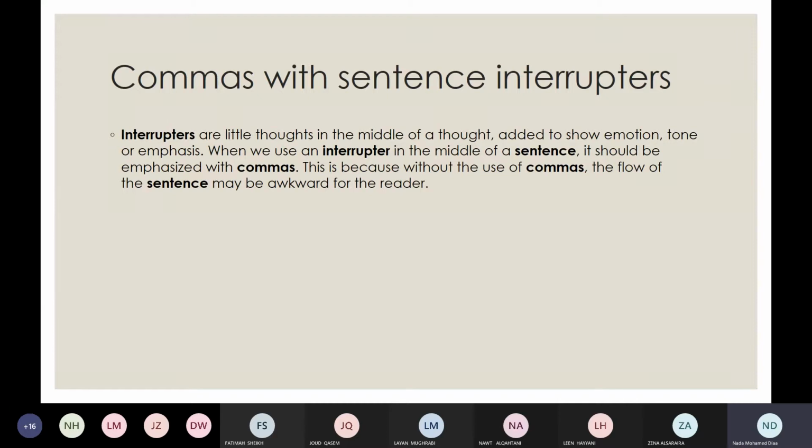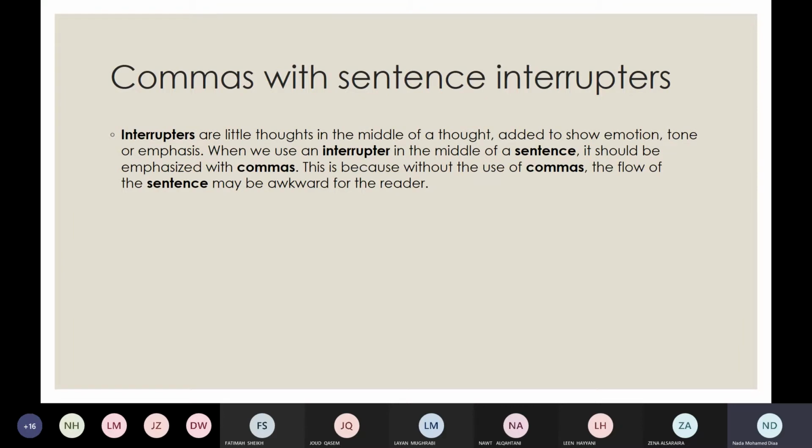Interrupters are little thoughts in the middle of a thought, added to show emotion, tone, or emphasis. When we use an interrupter in the middle of a sentence, it should be set off with commas. This is because without the use of commas, the flow of the sentence may be awkward for the reader.